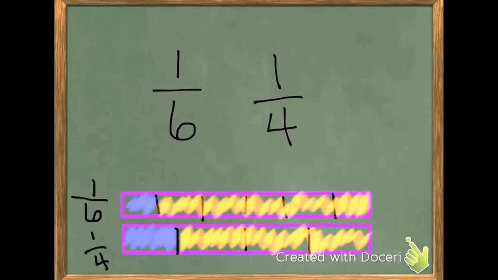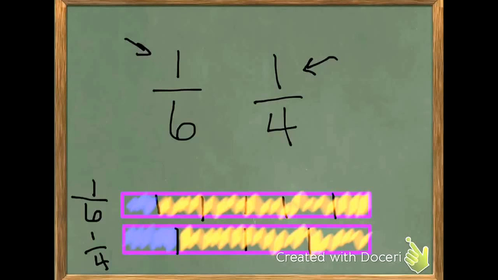If you look, the numerators are the same. When the numerators are the same, we look at the denominators. Remember, the denominator tells you the total number of equal parts. The smaller the denominator, the bigger the piece, because there's less people to have to share with.